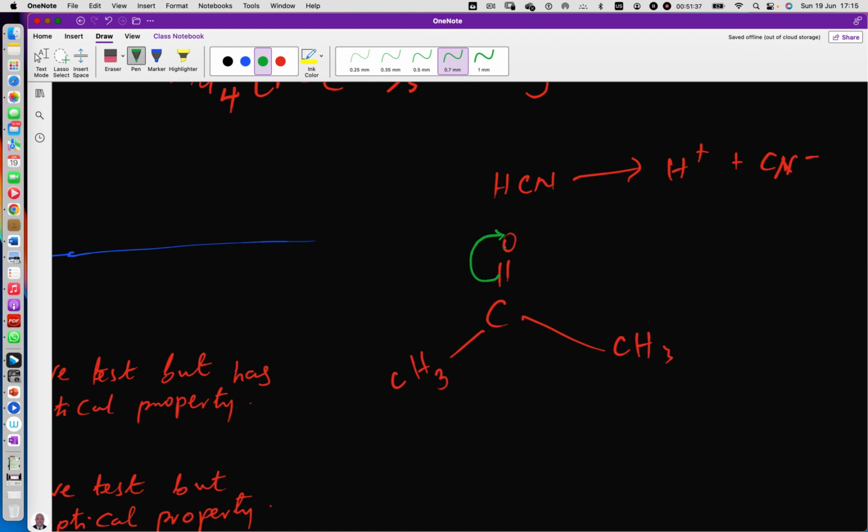And when the lone pair is shifted in here, what happens? There's going to be a cyanide here. There's a lone pair here.